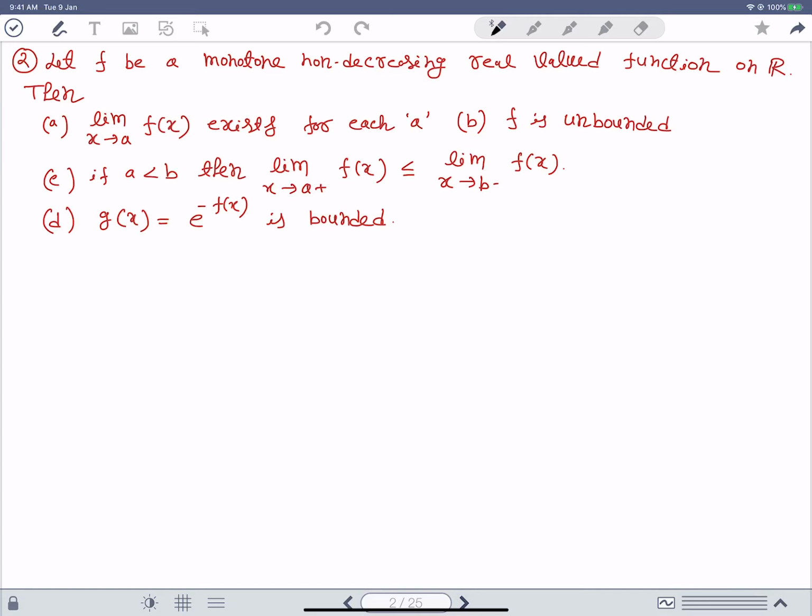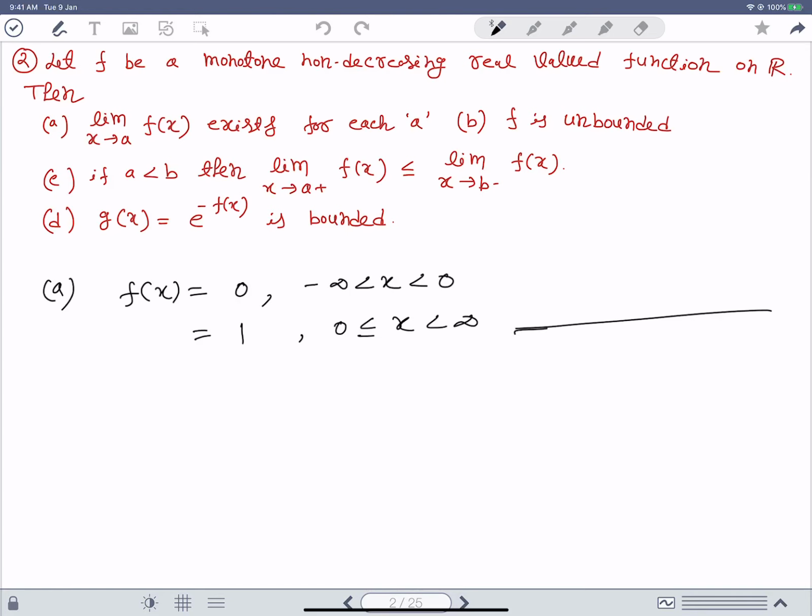So, for this example, A is not true, because we can choose this function, say f of x equal to 0 when minus infinity less than x less than 0, and equal to 1 where 0 less than or equal to x less than infinity, right. That is a step function with one step. So, it is up to this, and then from this we have this.